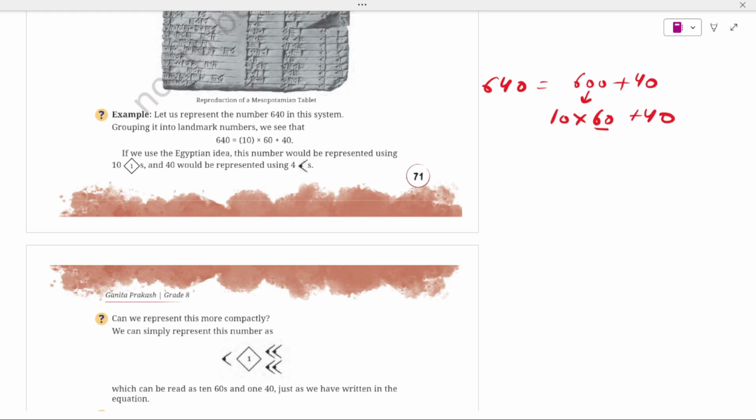So 10 multiplied with 60: this is the symbol for 10, this is the symbol for 60, and the symbol for 40 will come. This will be the symbolic answer.